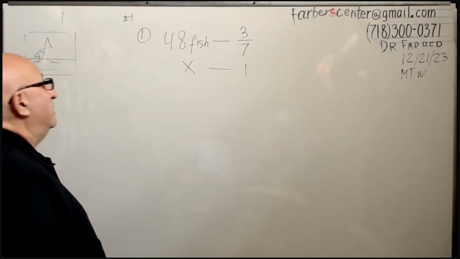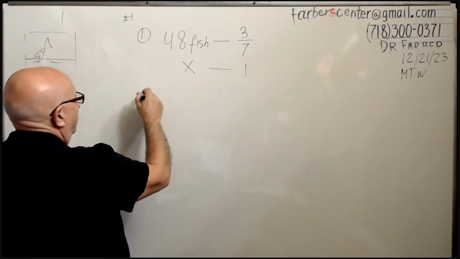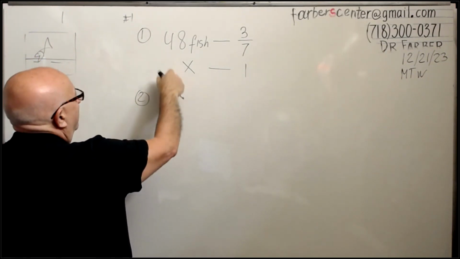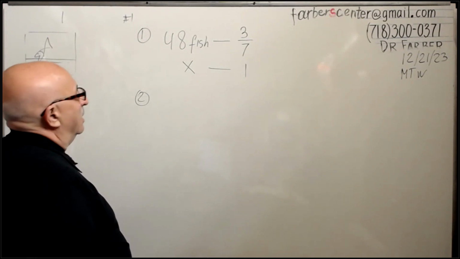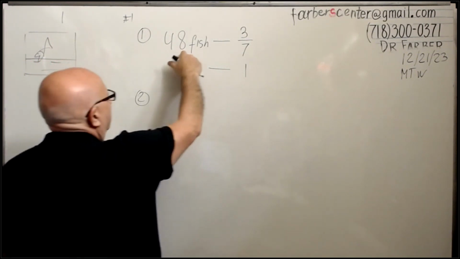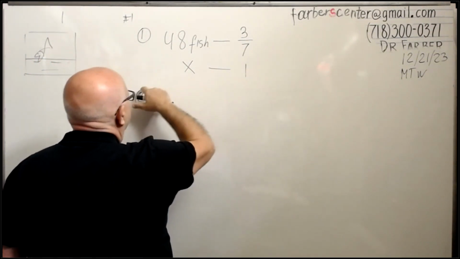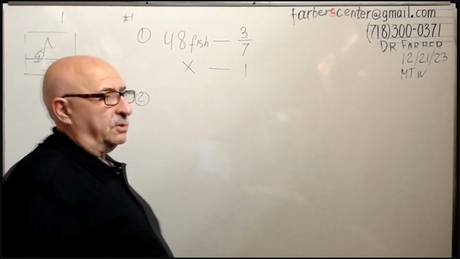The next step, when you have a proportion: in a proportion you always have 4 terms. So the second step, you name it cross multiplication.